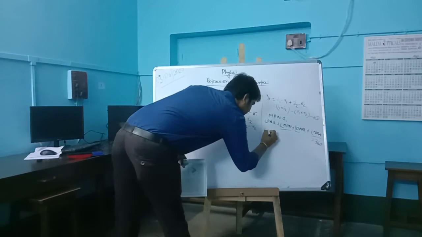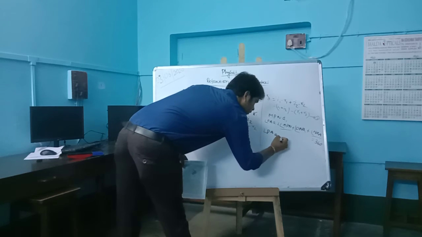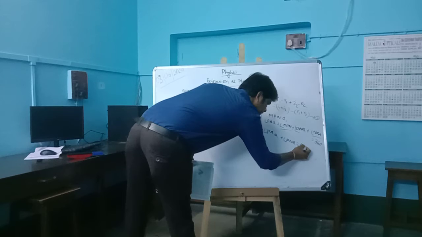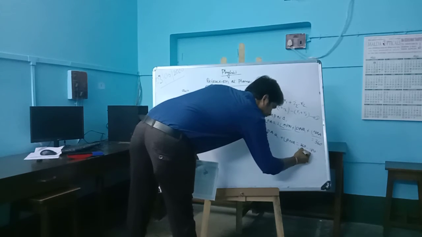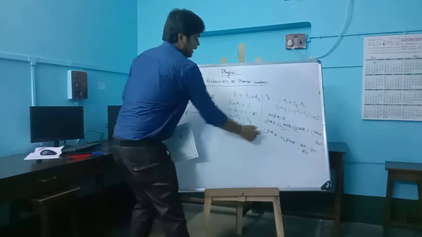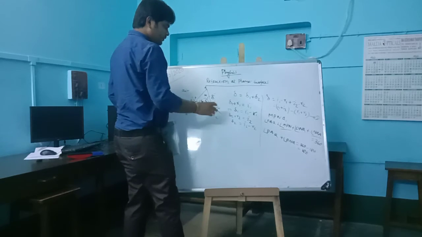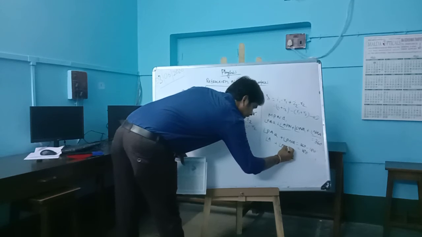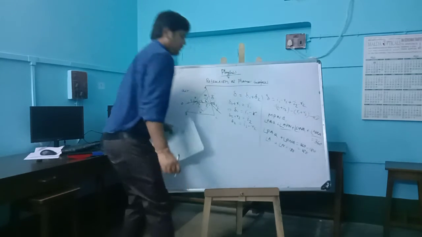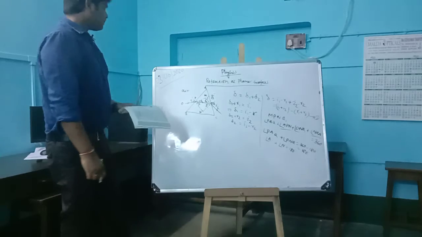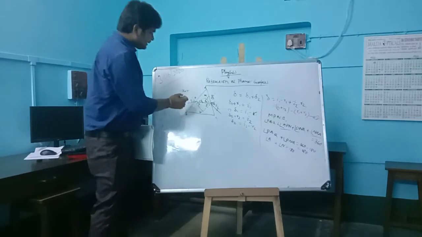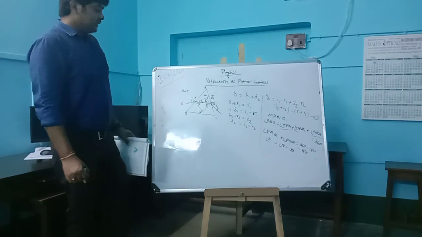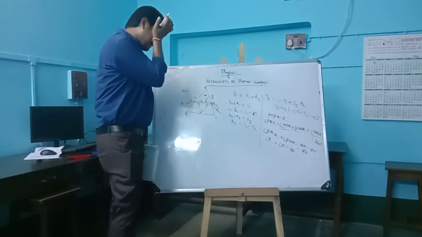So I can write that PAQ plus PNQ is equal to 360 minus 180 degrees, equal to 180 degrees. I am denoting this angle A, and this angle N, equal to 180 degrees for simplicity. Next, this is the triangle PNQ, and the summation of all angles of a triangle is 180 degrees.